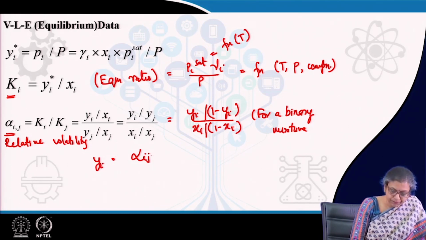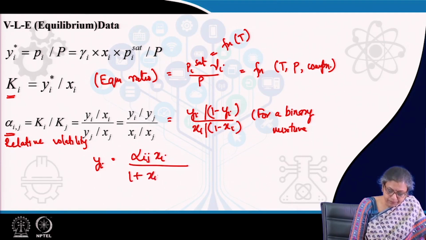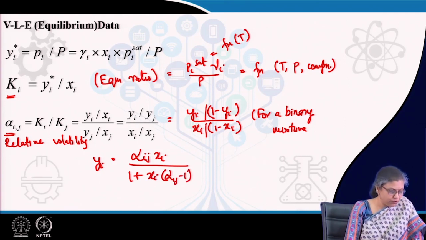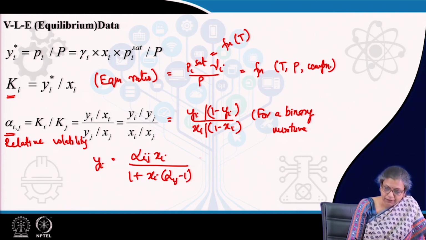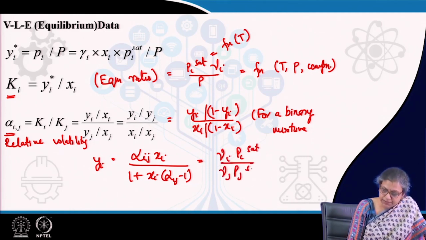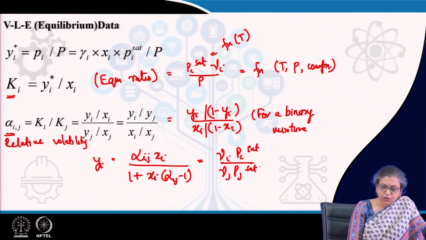For any xi you can find out yi once alpha is known using this formula, where alpha corresponds to gamma i pi sat by gamma j pj saturated, right.